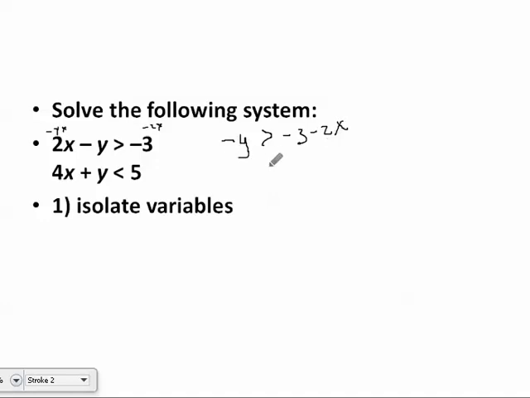I'm going to divide by the negative 1, and I'm going to get y, reverse the sign because I'm dividing by a negative, and it'll be a positive 3 plus 2x. Okay, doing the same thing for this one, minus 4x, minus 4x, and when I get that, I'll get y less than 5 minus 4x.